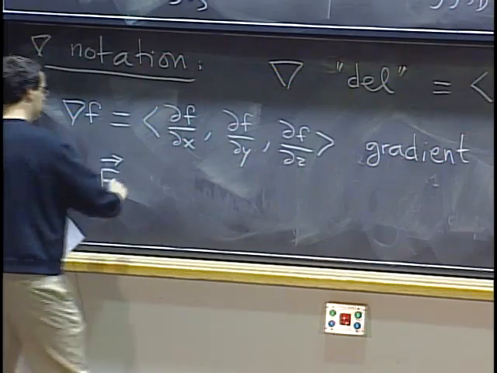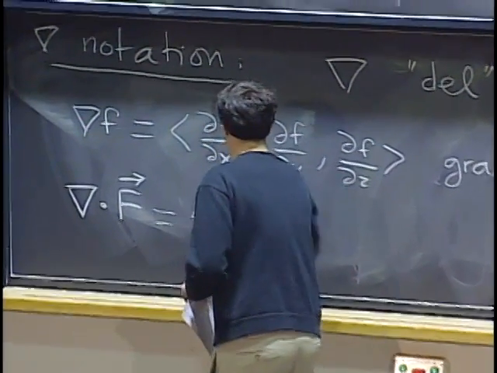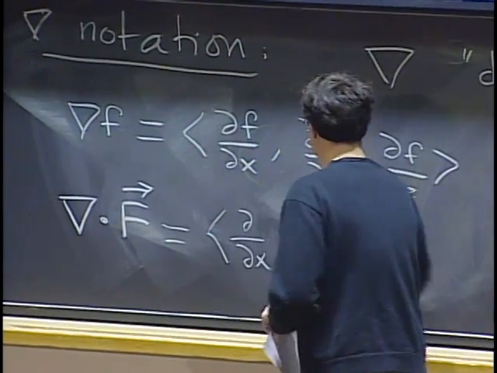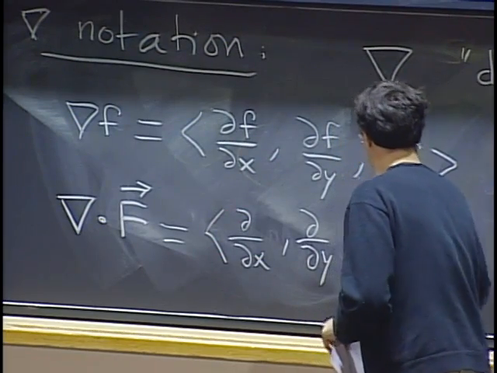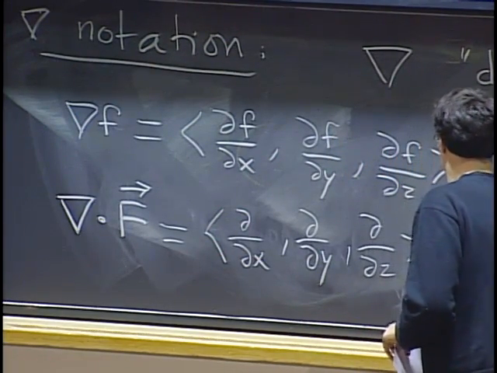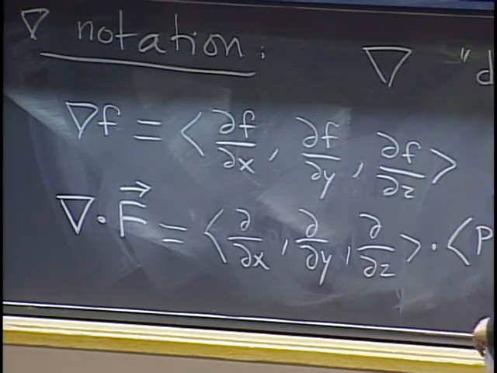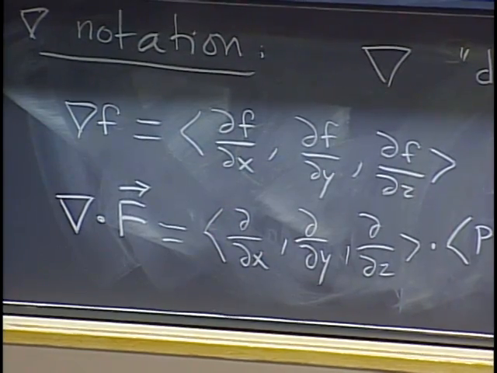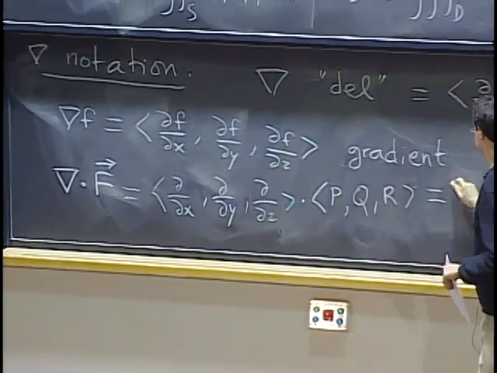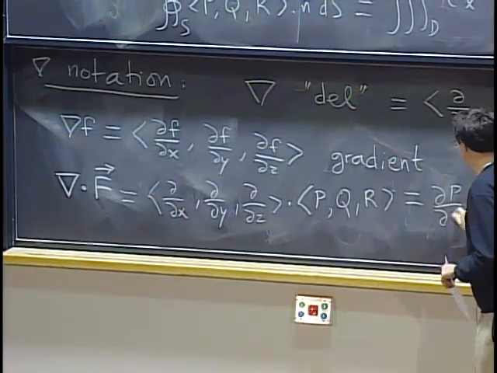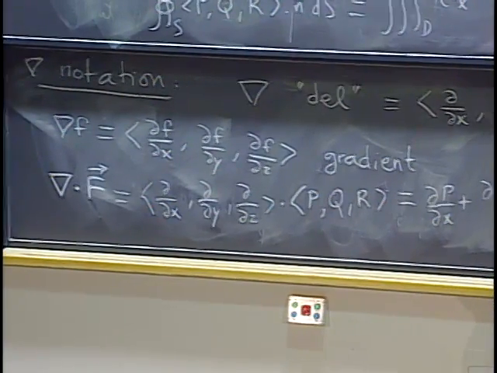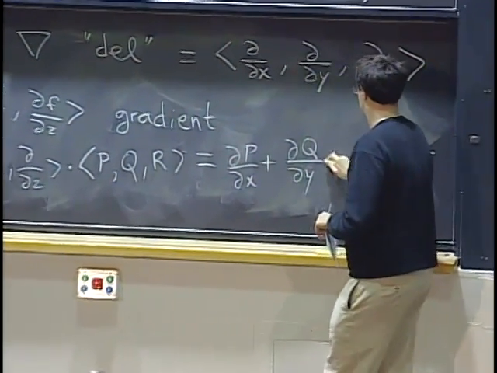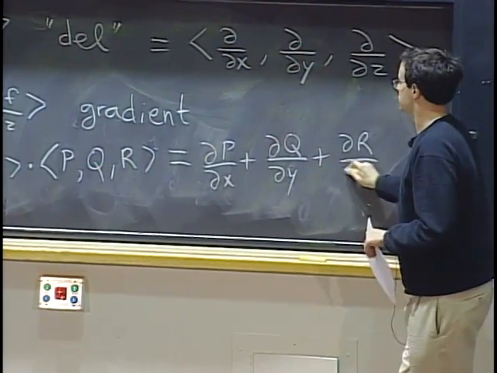If I do the dot product between this and my vector field P, Q, R, I will indeed get partial x of P plus partial y of Q plus partial z of R. That's the divergence.